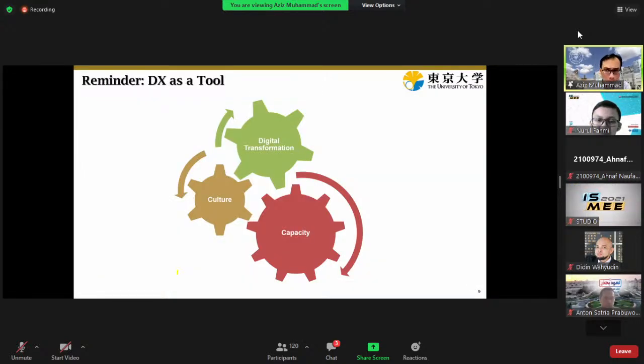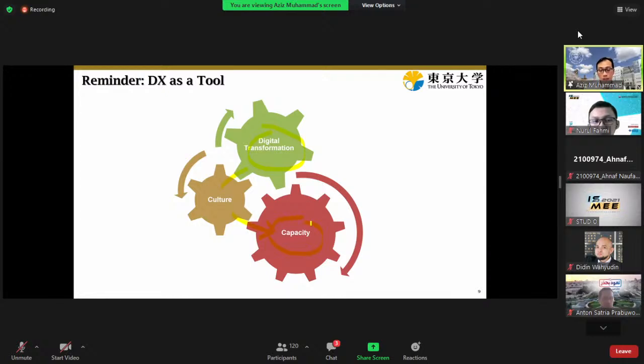I just would like to remind all of us that the digital transformations we are dealing with now are tools. Basically, they are not the targets we would like to have in the future. They are tools that we need to utilize well. So what we would like to do with any transformation is create good cultures, good characteristics, and finally build capacity.